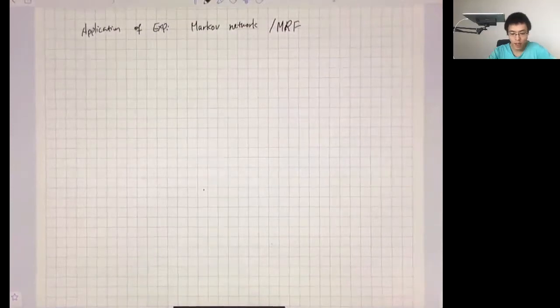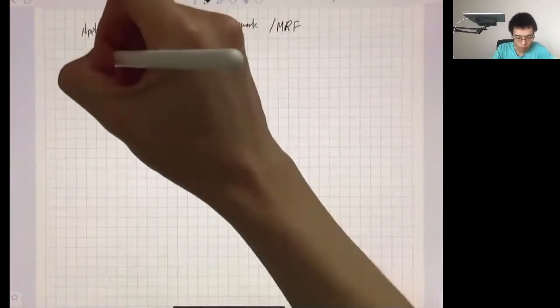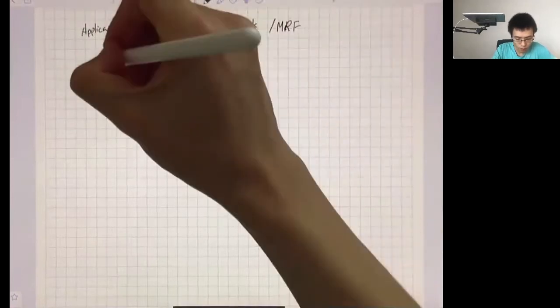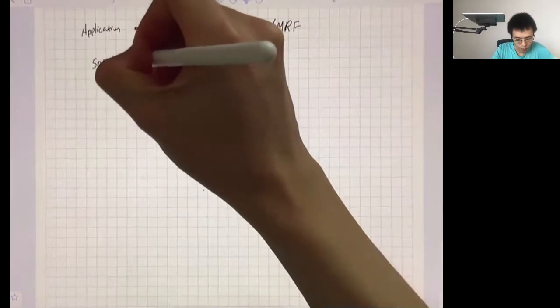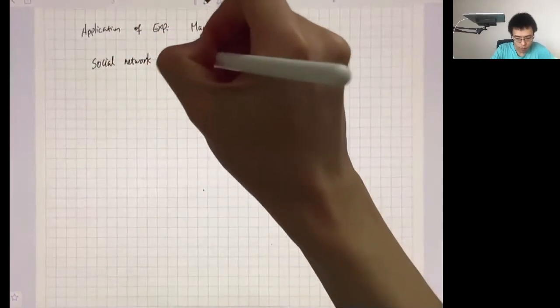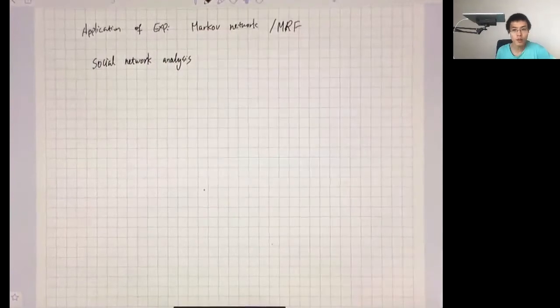So the task we're talking about is maybe social network analysis. In particular, we're going to do, for example, political polarity classification.